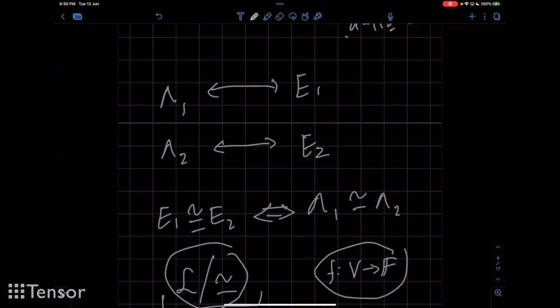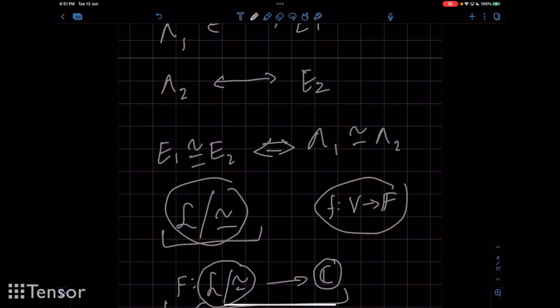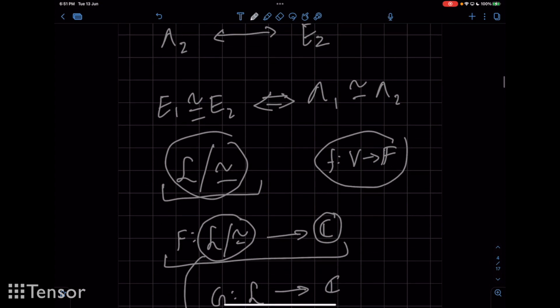Then E1 and E2 are isomorphic as abelian groups if and only if the two lattices are homothetic. So in order to study the isomorphism classes of elliptic curves, it suffices to study the homothetic classes of the lattices. So we want to study this set, L modded out by the homothetic equivalence relation.